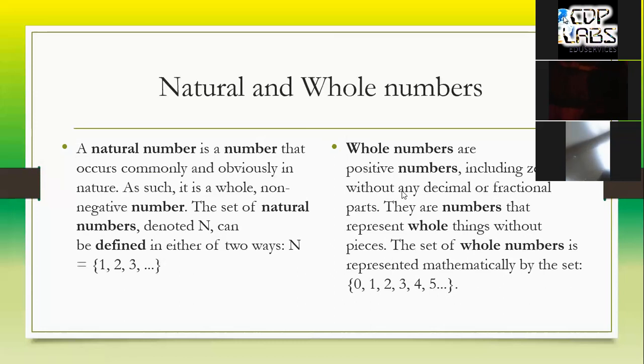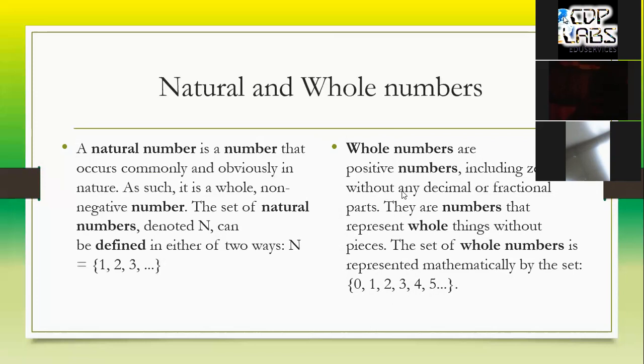Now, can somebody read what whole numbers are for me, please? Whole numbers are positive numbers, including 0, without any decimal or fractional parts. They are numbers that represent whole things without pieces. The set of whole numbers is represented mathematically by the set 0, 1, 2, 3, 4, and so on.